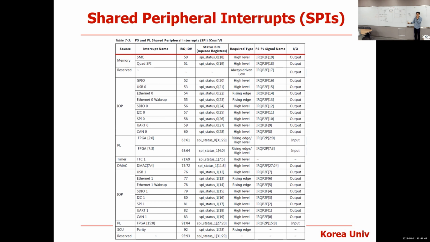So you have to program the target register. Who is the target? CPU 0 or CPU 7? Simple, right? But the thing is, because you can have up to 1020 interrupts, you need 1020 target registers.